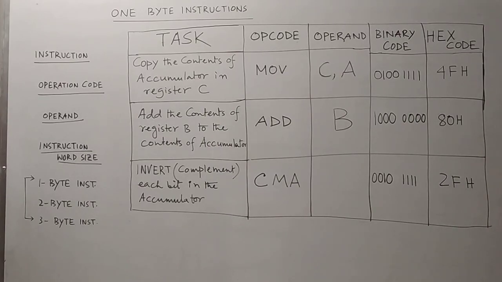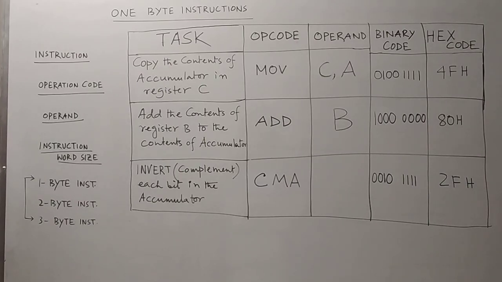For CMA there is no need to write any operand because it implicitly tells us to complement the accumulator. Fine. So the binary code is 0010 1111, and its hex code will become 2FH.